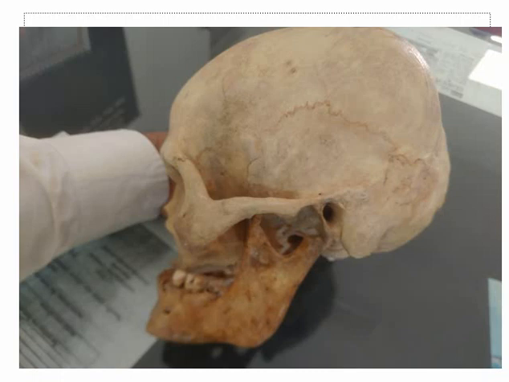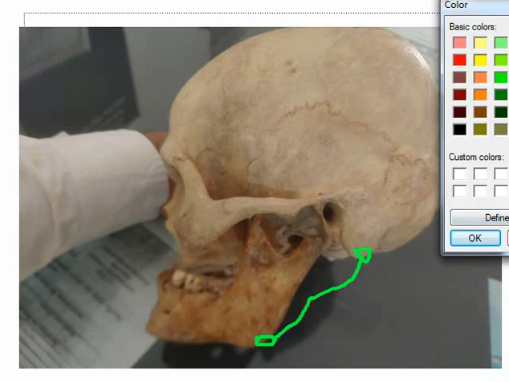Now the deeper layer from the mastoid process. This is the mastoid process, and this is the angle of the mandible. From the angle of the mandible to the mastoid process, there is a superficial layer running like this, and deep there is the styloid process. We will mark the styloid process with red color.